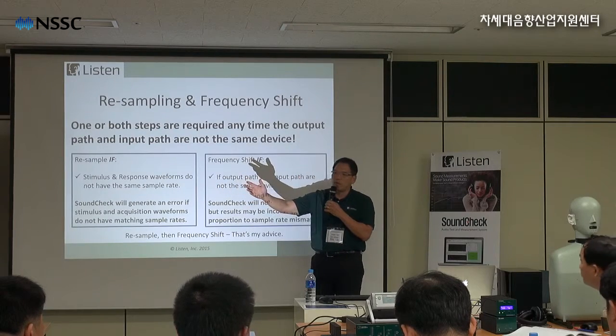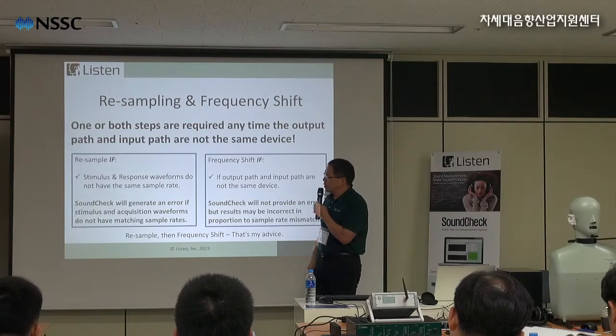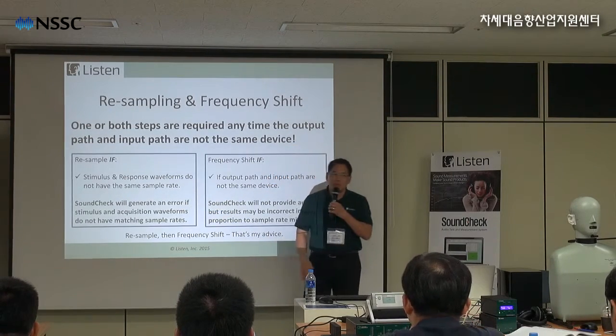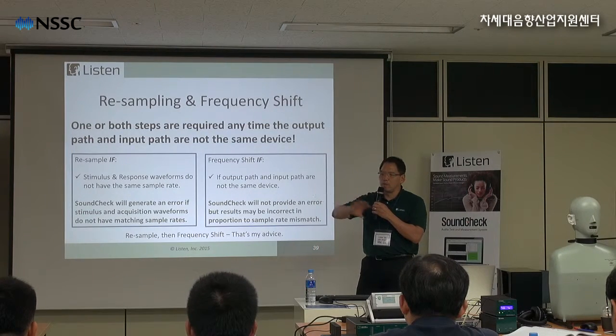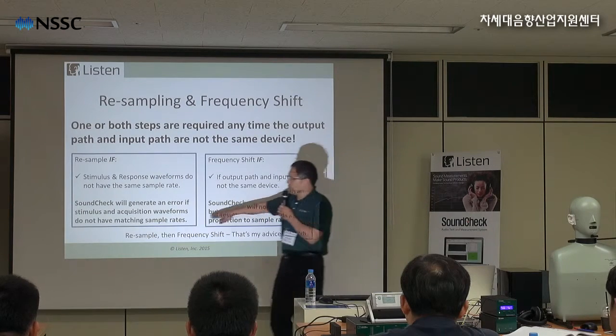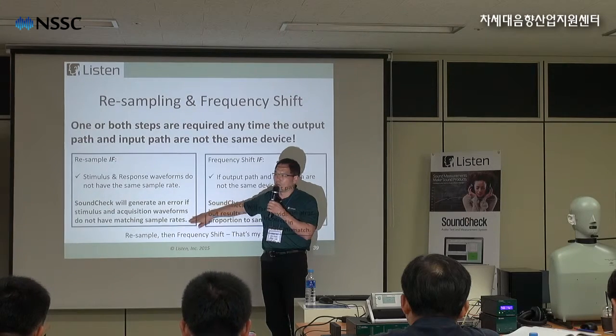One is 44.1, the other one is 48K. SoundCheck will tell you that there's a problem, like we saw. It says, hey, these waveforms aren't matching, so you should resample. So this is easy to fix. We know that something is wrong when the sample rates are not matching.